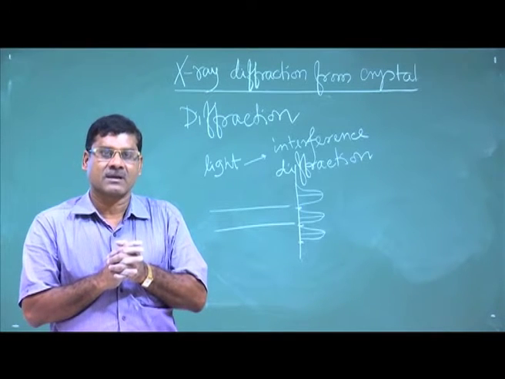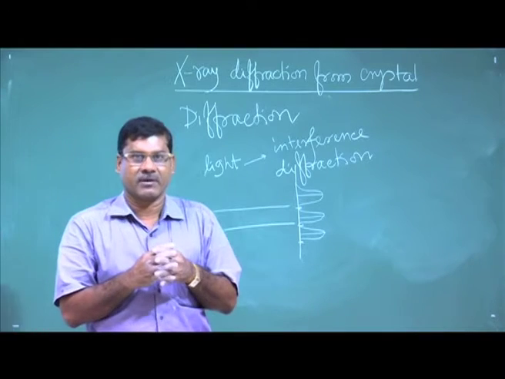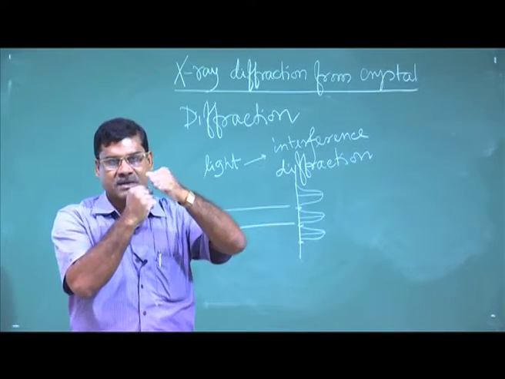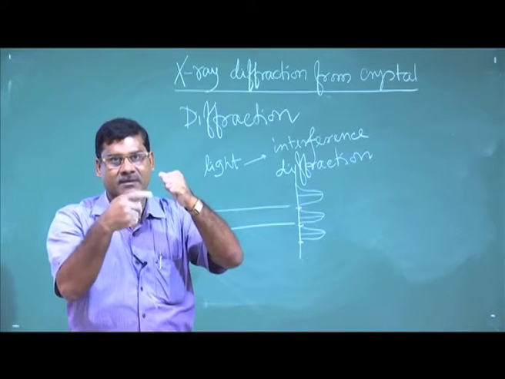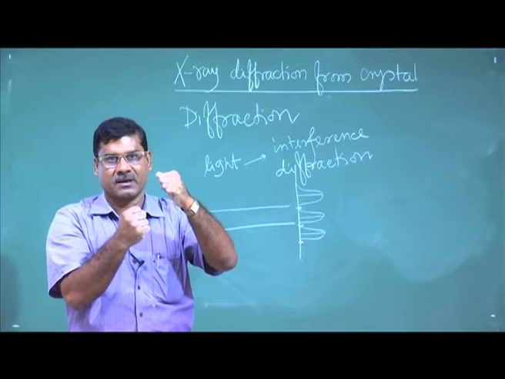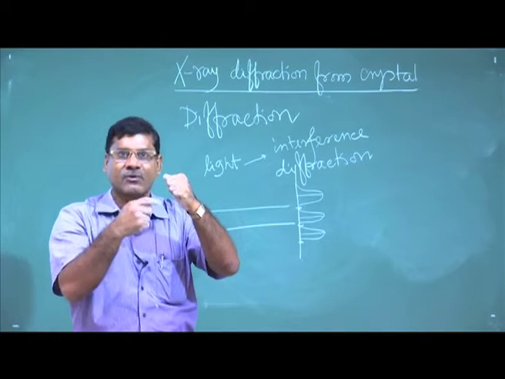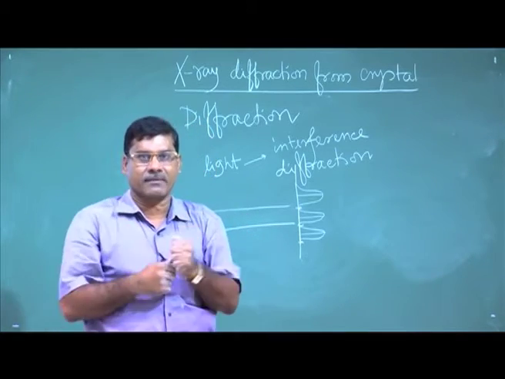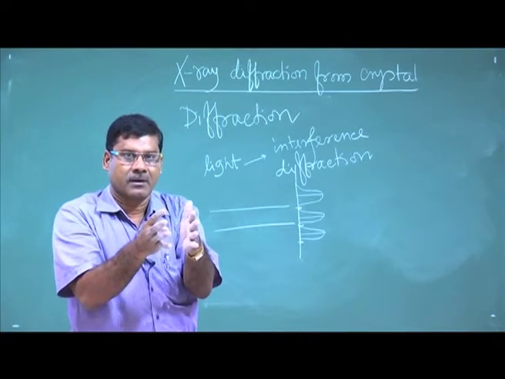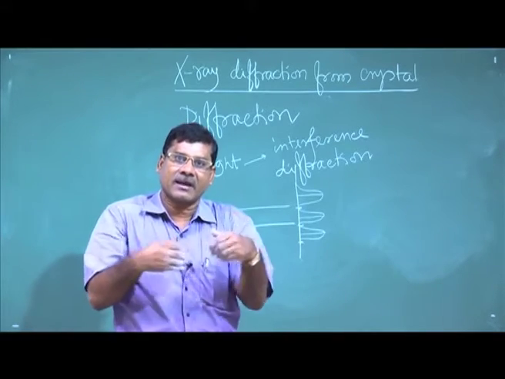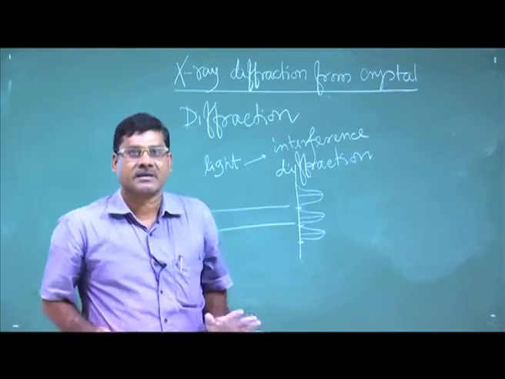Okay. What is coherent? Coherent waves are those for which the phase difference between these two waves remains constant with time. It will not change with time. Okay. So, the waves are moving, whatever the initial phase difference between these two, all the time this phase difference will remain the same.